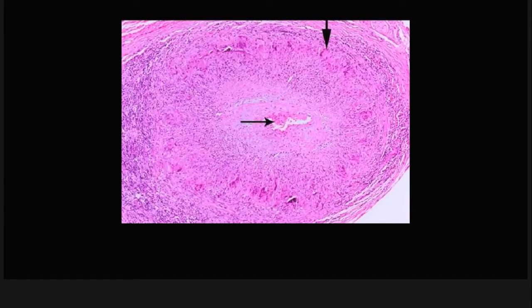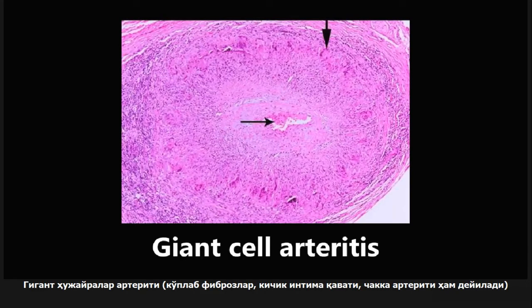This image is an example of giant cell arteritis, and really what we're looking at here is that there's a lot of fibrosis. The skinny arrow here is looking at the intima, the center of the artery, and all of this out here, the thick arrow, is the fibrosis. And right here, this bigger arrow is an example of a giant cell.